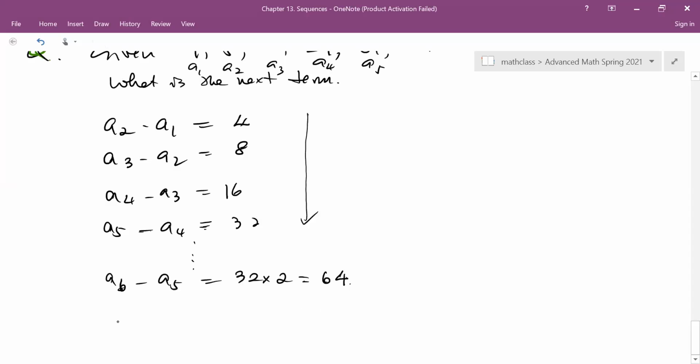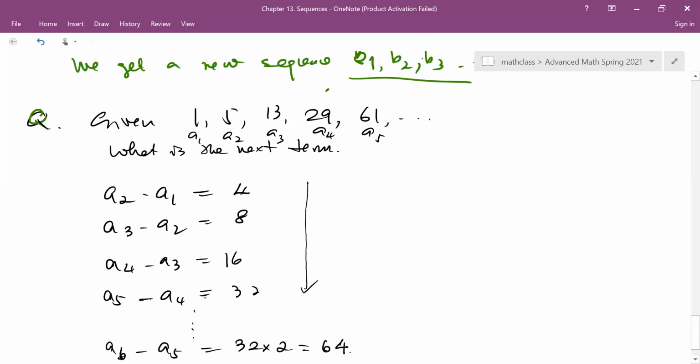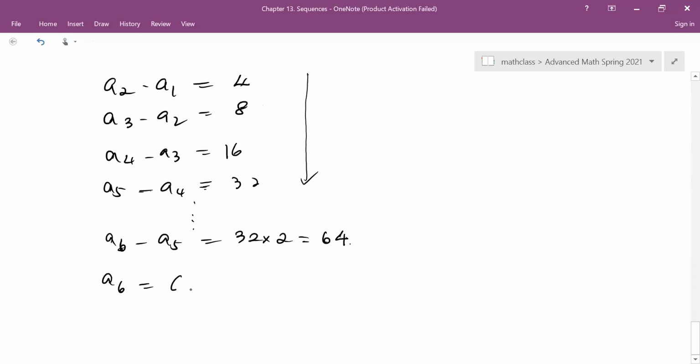So the next term is going to be 61, A5, plus 64, so it's 125. So Jaden's answer is correct.